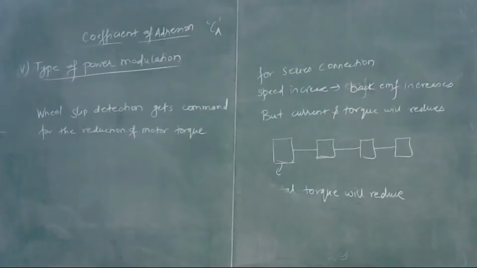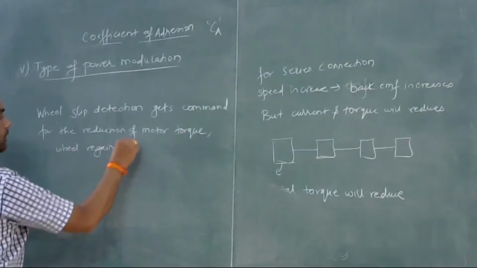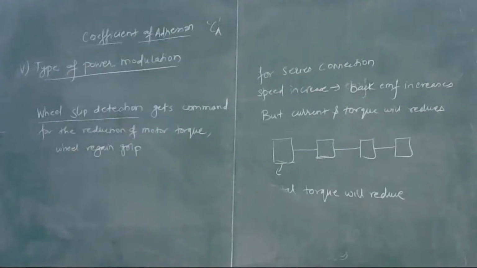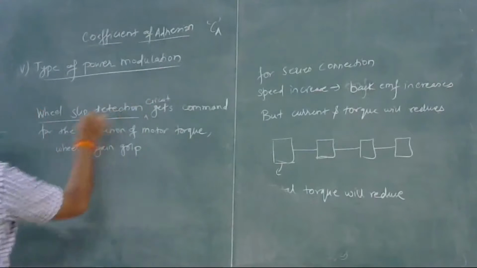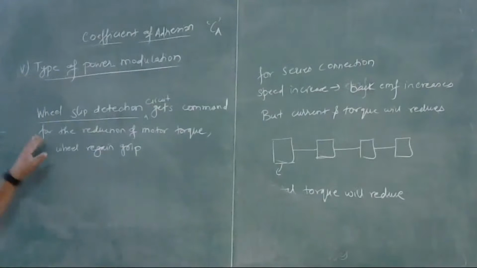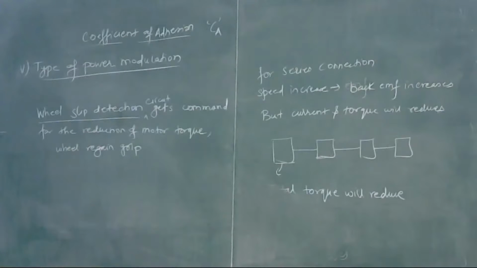Okay, and then slipping of the motor can be avoided and the wheel regains grip. So there is a wheel slip detection circuit. We detect this wheel slip, and it gives the command to the motor to reduce the motor torque, and then the wheel gets hold on the rail.